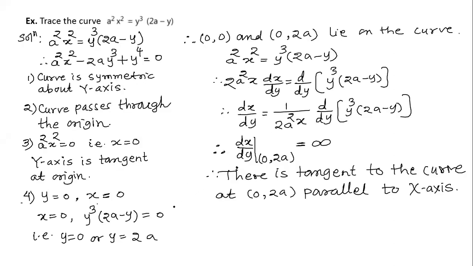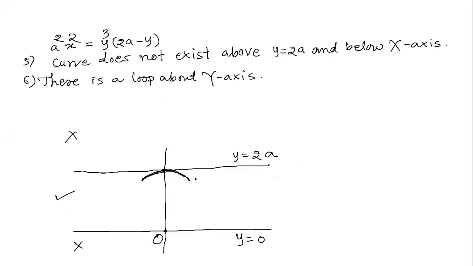And then we have seen one more thing. The y-axis is tangent at the origin. So let us extend this curve further, like this, and let us take it here. The y-axis is tangent at the origin, so it will be coming like this, but it cannot go further, as we know that the curve does not exist below the x-axis.